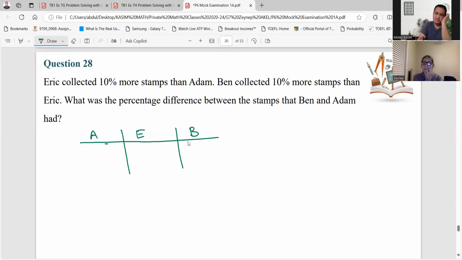In this kind of question, no number is given, so you can choose any number that is suitable to calculate. For example, suppose Adam has 100 stamps. It can be anything, but let me just use 100. If Eric collected 10% more stamps than Adam, how many stamps does Eric have?